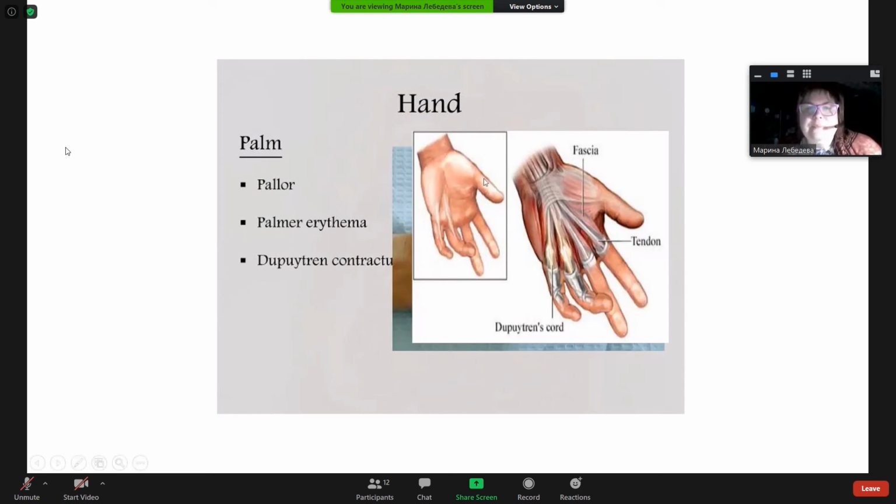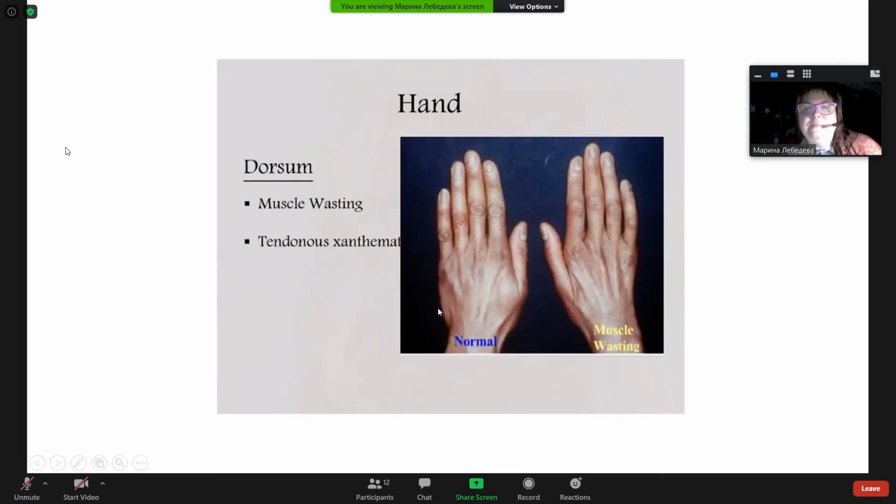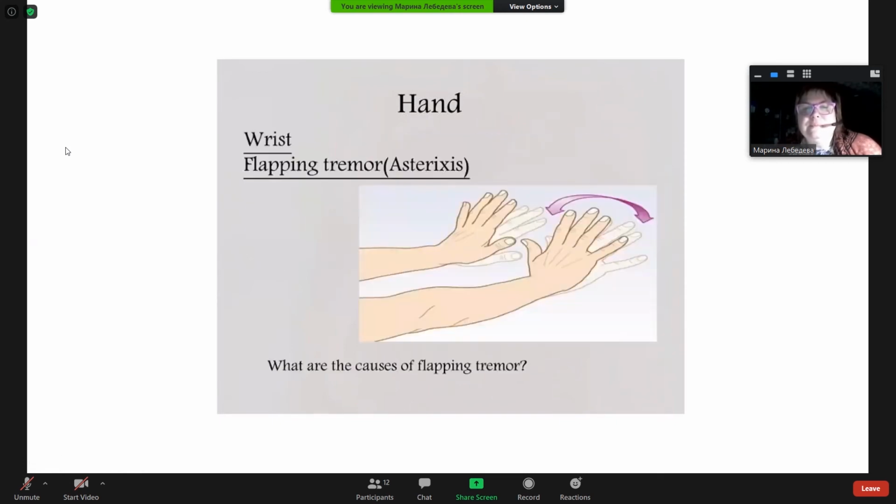These are Dupuytren contracture. And one of the signs of liver encephalopathy will be flapping tremor. If you ask the patient to put the tongue out of the mouth, you will see the flapping tremor of the tongue.